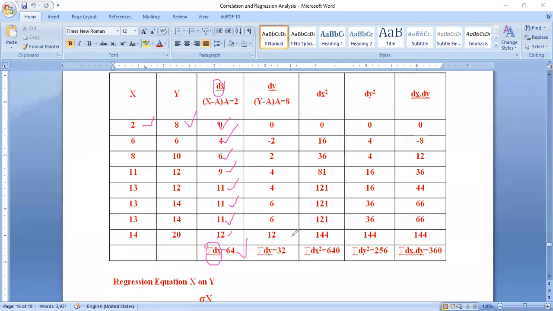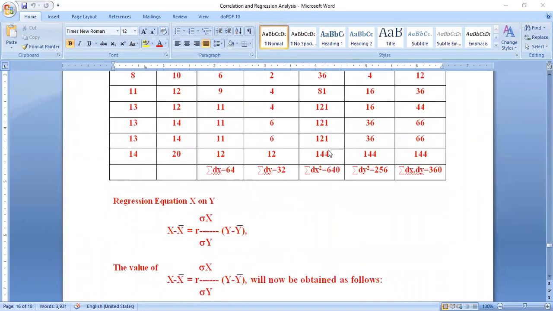If you are unable to do the multiplication, take the help of a calculator. Then sigma dx into dy is equal to 360. After completing this, we calculate the next process.